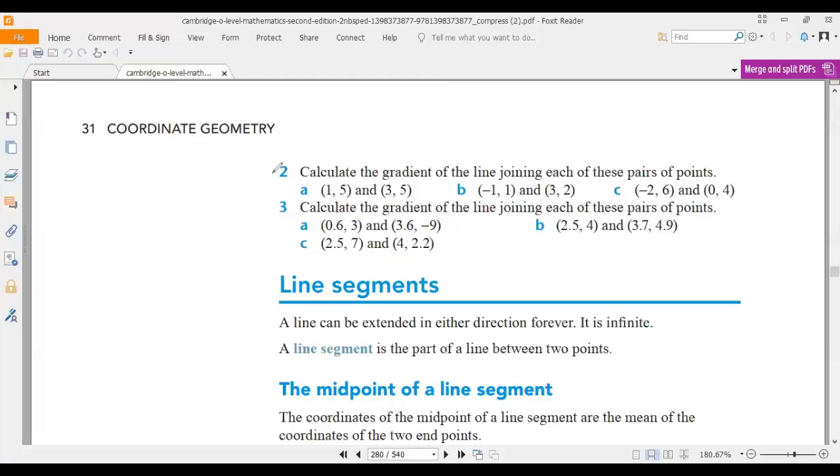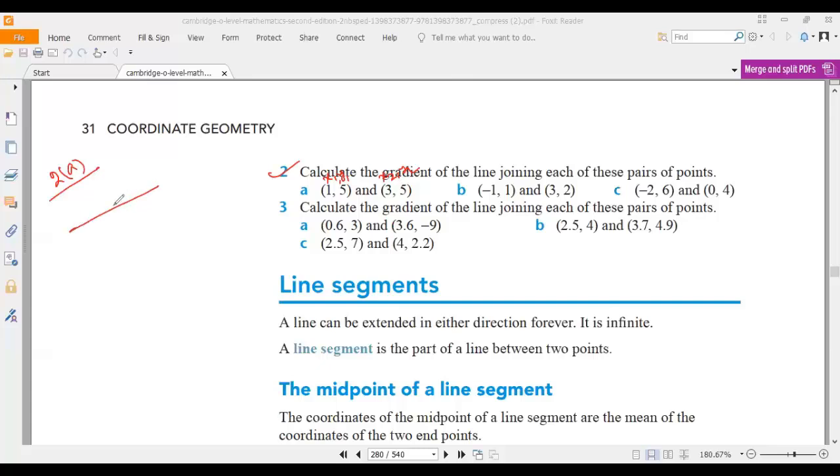Now, question number 2. Calculate the gradient of the line joining each of these pairs of points. So here question A says 1, 5 and 3, 5. At first we will say this one is x1, this one is y1, this one is x2, this one is y2. Then what is the formula of gradient?